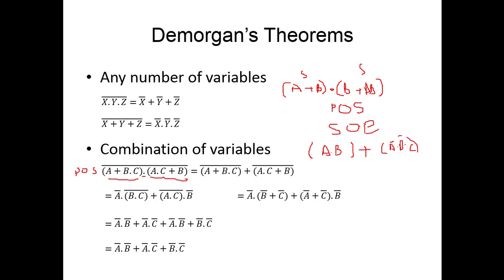So if we have such type of expression and we apply a complement over it, for example, if we have an expression a and b plus b and c, so we have representation as sum of product.